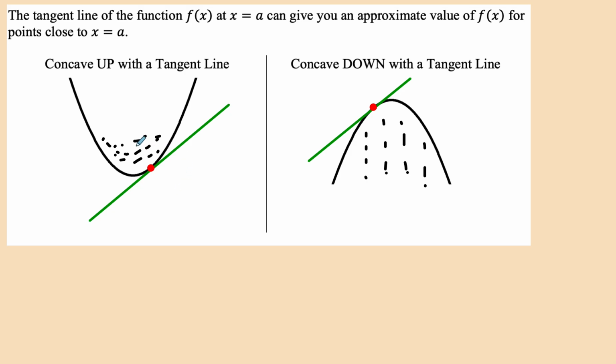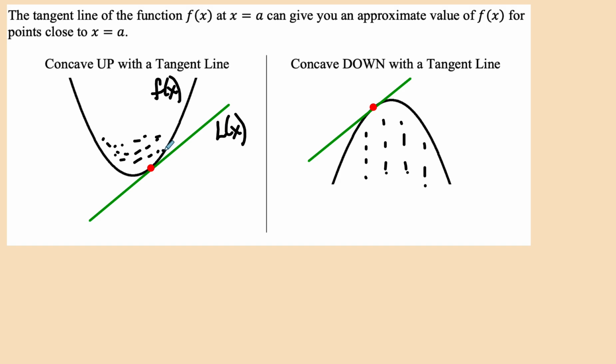Now, I want you also to take a look at this tangent line. I'm going to call this tangent line L of x, L standing for linear. So L of x is this tangent line and this is f of x. Notice that at the point of tangency, they're exactly alike. If we're really close to this point of tangency, the line and the function really are close in y value.